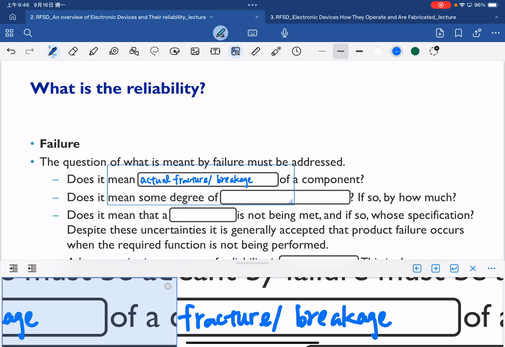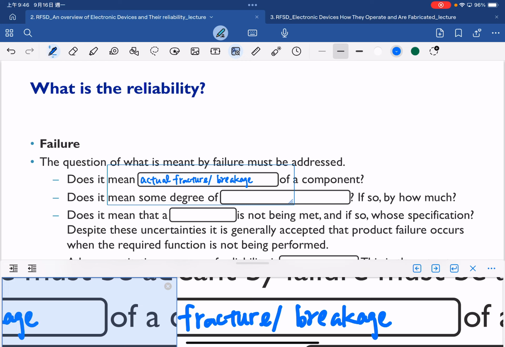That means the device is completely broken. For sure, that can be defined as a failure here. But sometimes we won't prefer this definition, because usually when a certain characteristic shifts by a certain amount, that's already enough for us to define it as a failure.